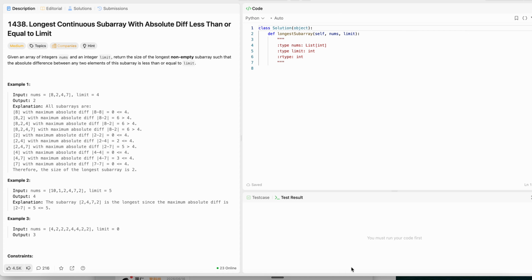I think the key point is that we need to find the max and minimum. What is the efficient way to find the max and minimum of a subarray? Brute force is absolutely a way to do this, but this could be quite efficient. I'm thinking about using two deques.